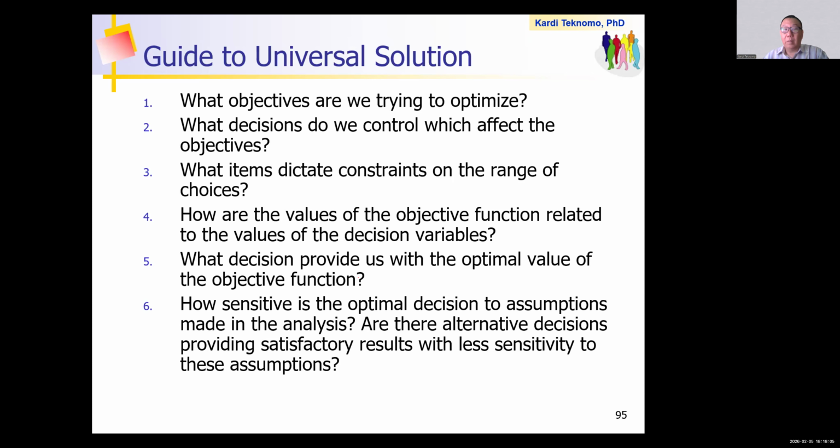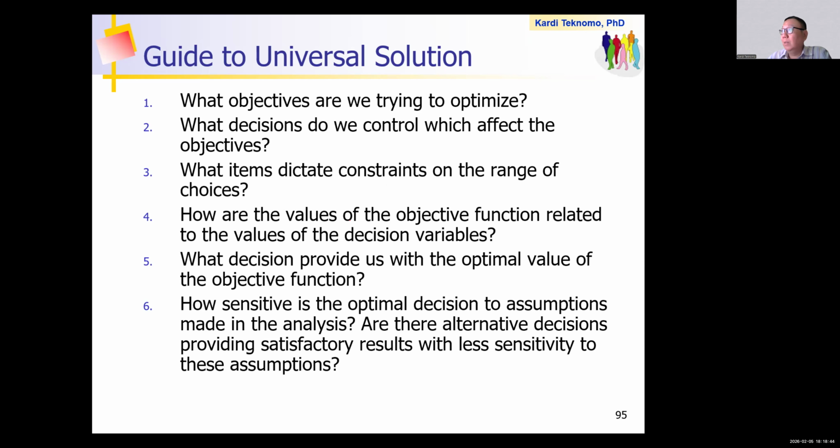I don't want to go into detail on how to solve that kind of problem, because that will be too much mathematics for you. But if you are interested, you can ask, or I can point you to the books. So these are the guide for universal solution. The question is, what is the objective that you are trying to optimize? And what kind of decision can you control? That is the decision variable. And then what items dictate the constraint?